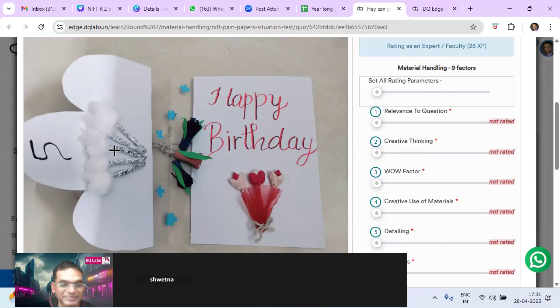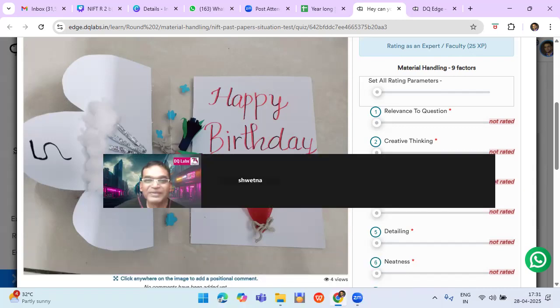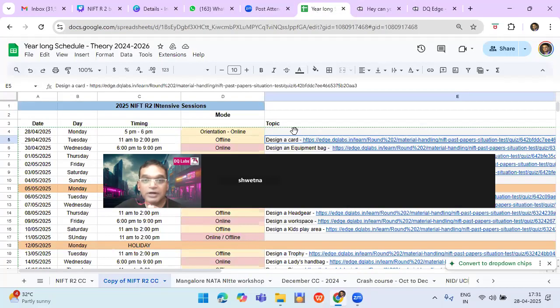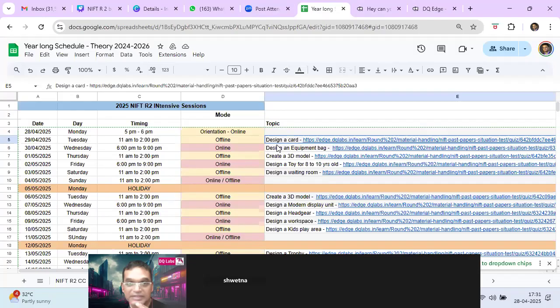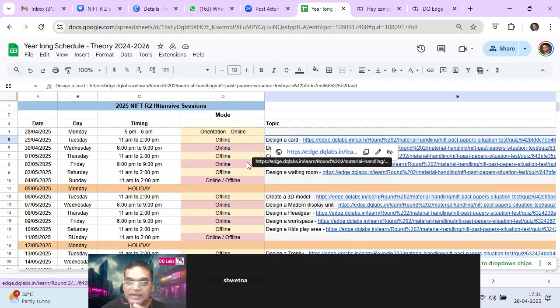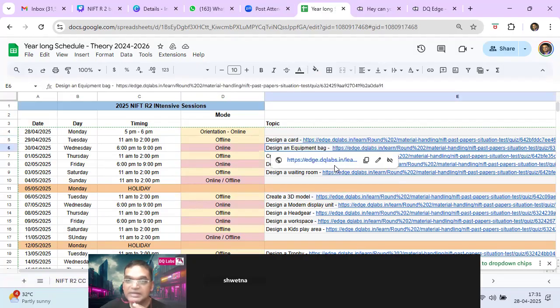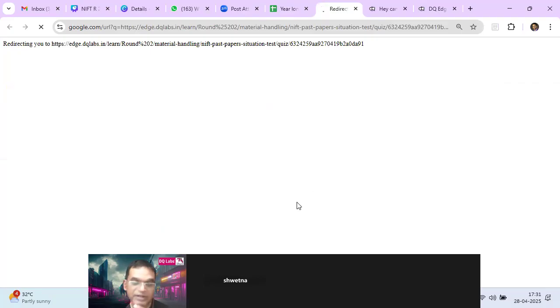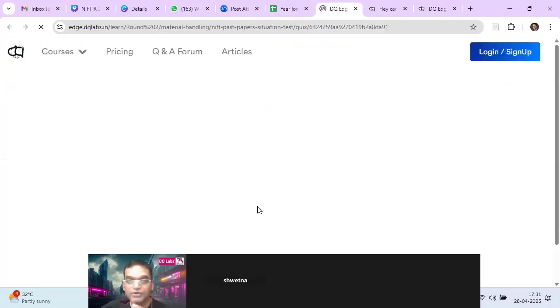We'll be sharing this particular sheet with you. Please go through each of these exercises and list down the materials, and please bring them to the class, whether you're attending the offline class or the online session.